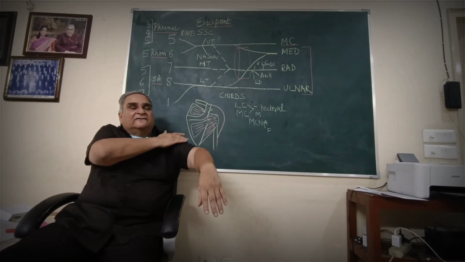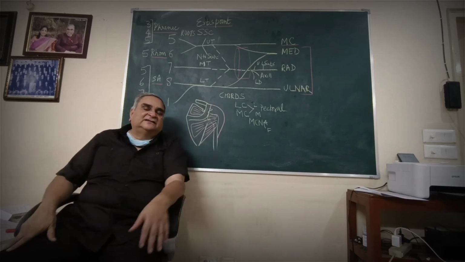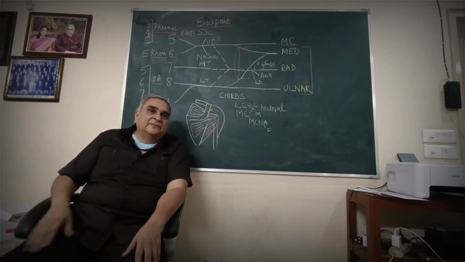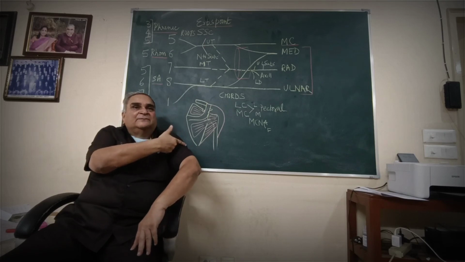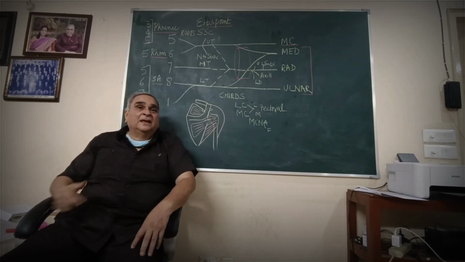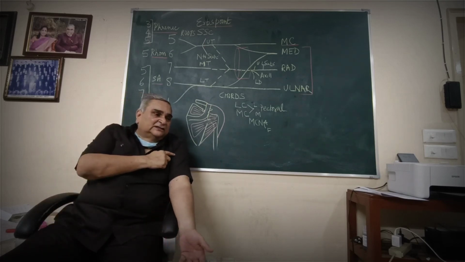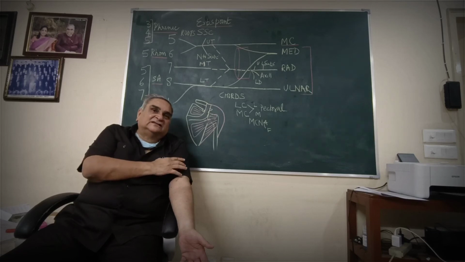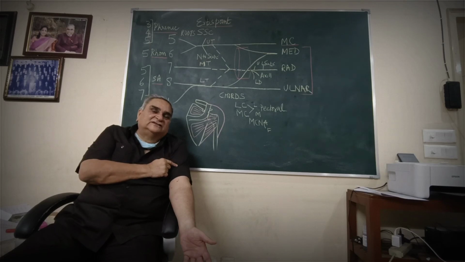The radial nerve is sometimes paralyzed in lead poisoning. Sometimes an injection can paralyze it in the arm. Sometimes the reduction of a fracture shaft of humerus can entrap it, which we told you about, the Holstein-Lewis syndrome.